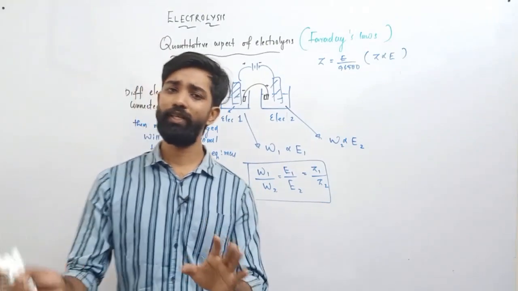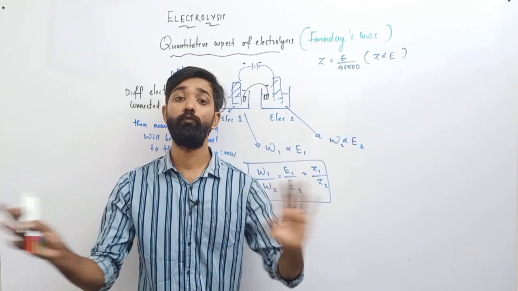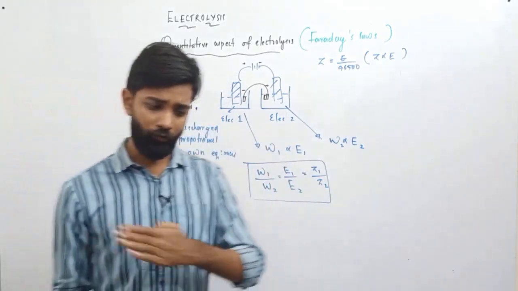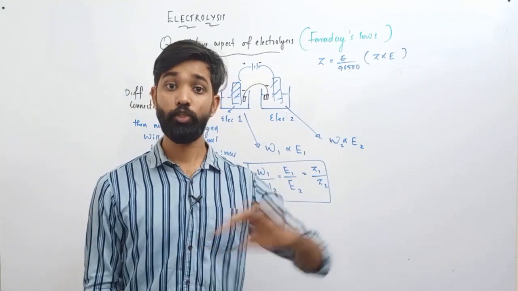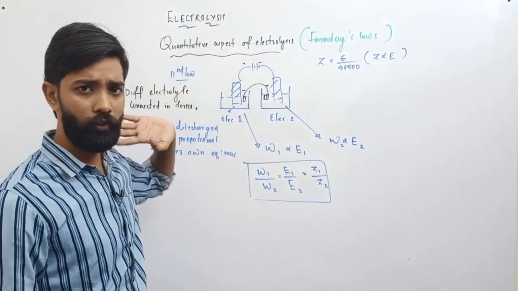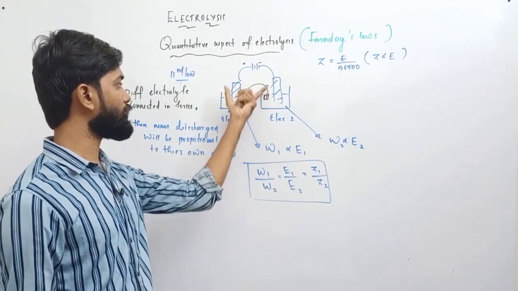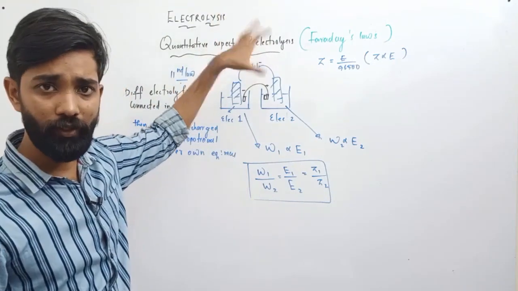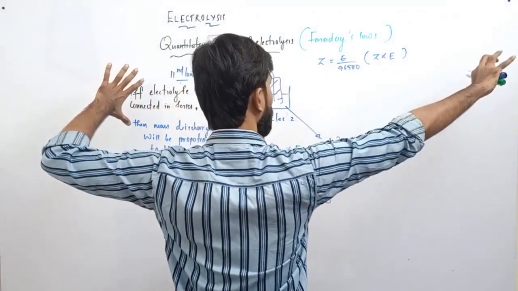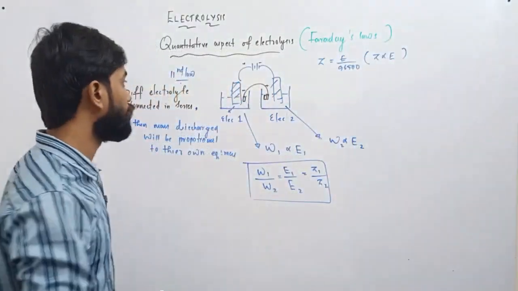So Faraday's second law is very simple. If you have more than one electrolyte, no need for just two, but they should be in series connection, okay? Then the current applied is equally transmitted to all the electrolytes. Whatever the magnitude of current, that doesn't matter.